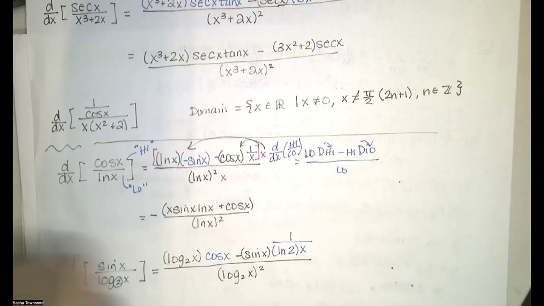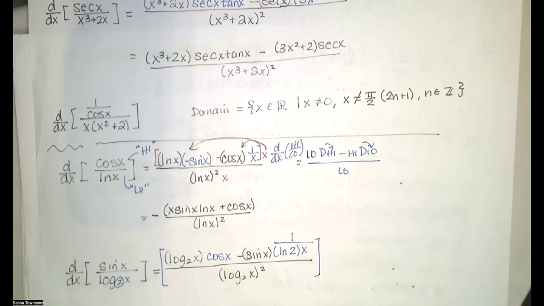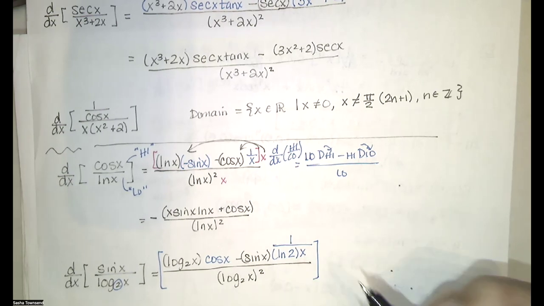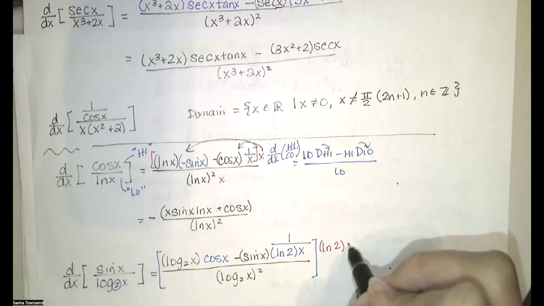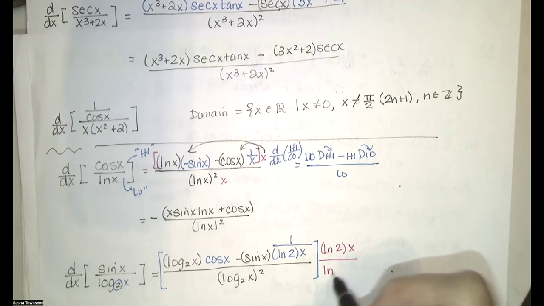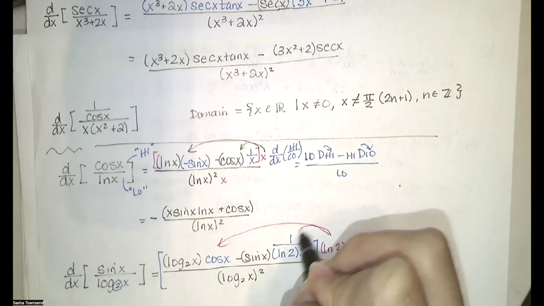And then we want to simplify this as much as possible. To do that, we are going to try to get rid of this complex fraction. So we're going to multiply the numerator and denominator by natural log of 2 times x. That's just multiplying by a well-chosen 1. Multiply there and there.